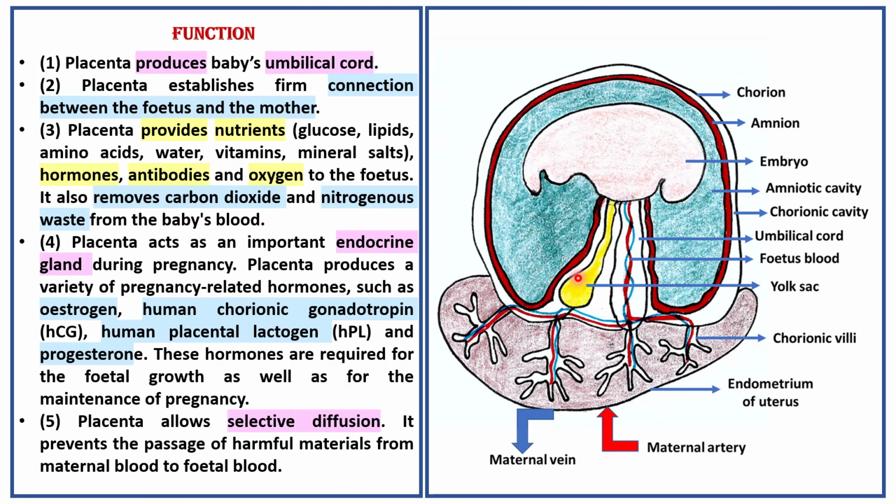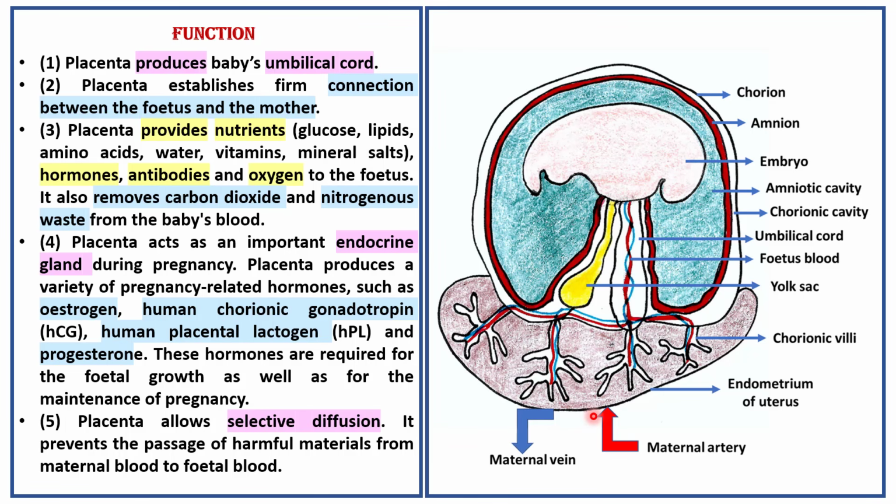Let's talk about the functions of placenta. Placenta produces baby's umbilical cord. Placenta establishes firm connection between the fetus and mother.